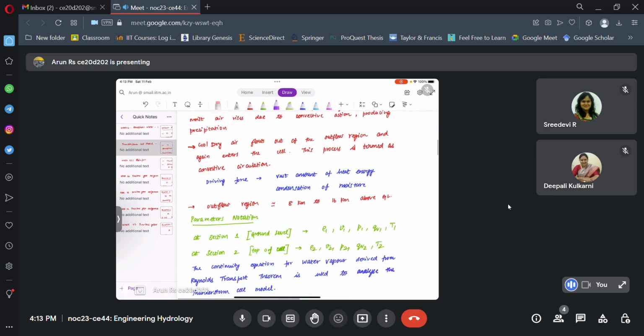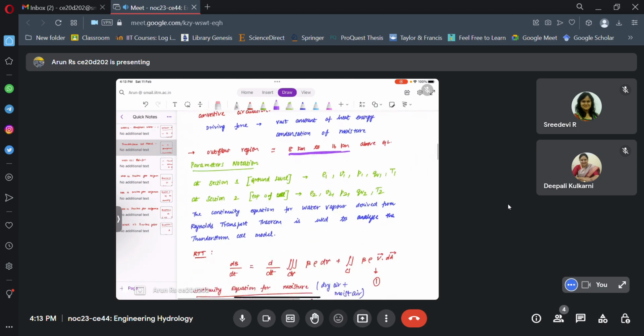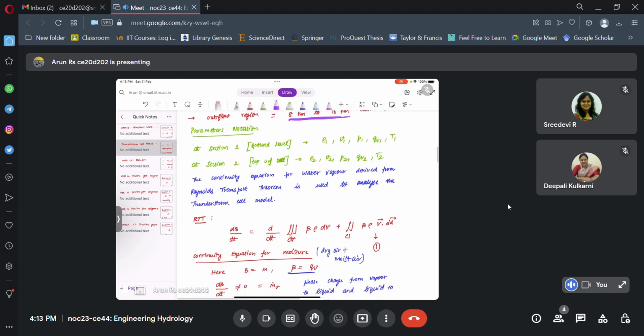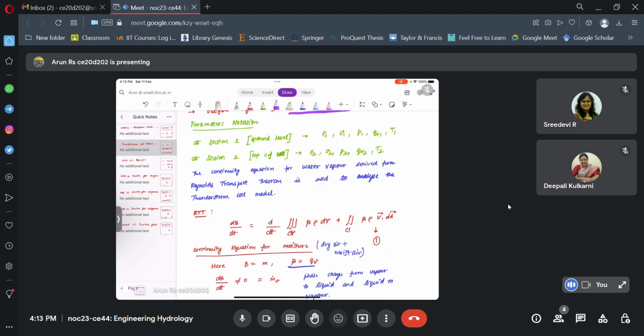And this outflow region is basically 8 to 16 kilometers above the ground level. So coming to the derivation, we have to determine the atmospheric parameters at section 1, which is at the ground level, and we have to determine the same at section 2.